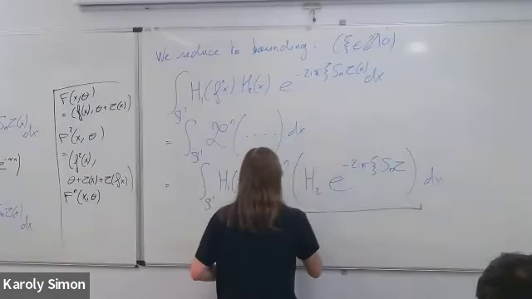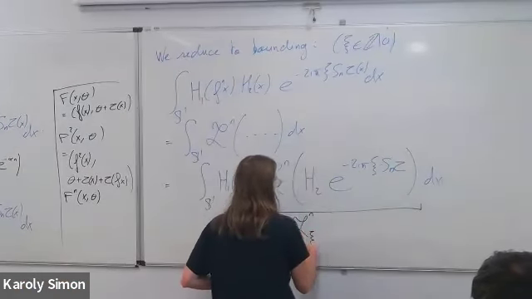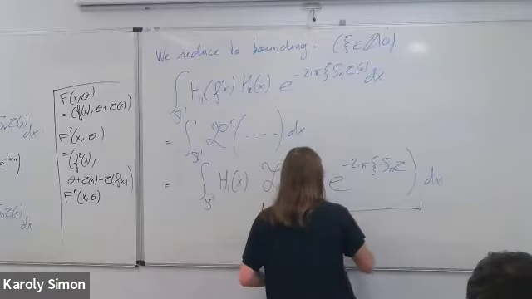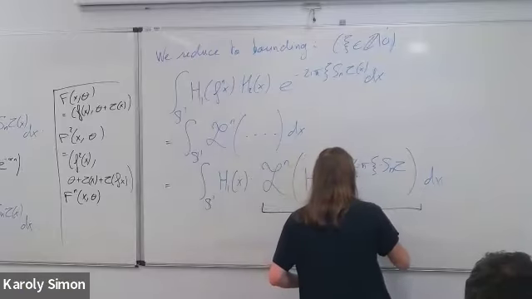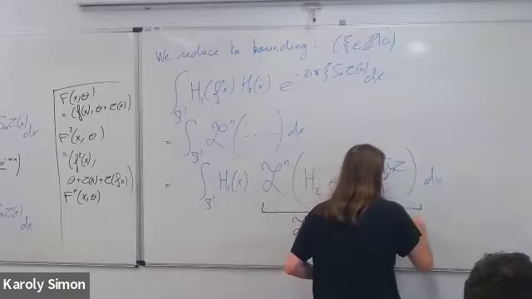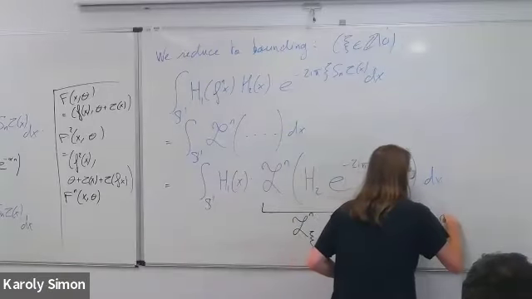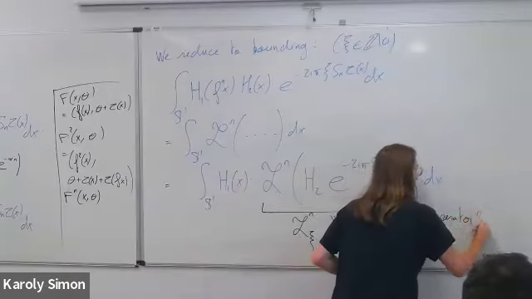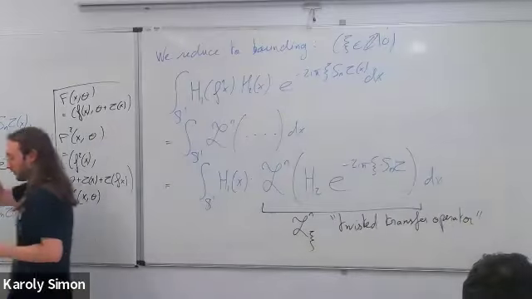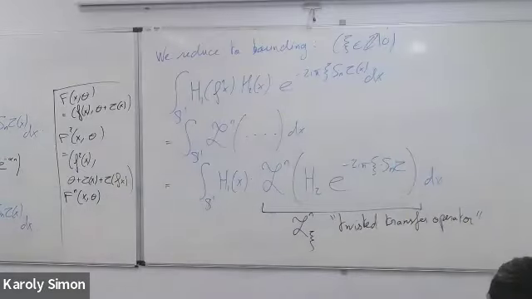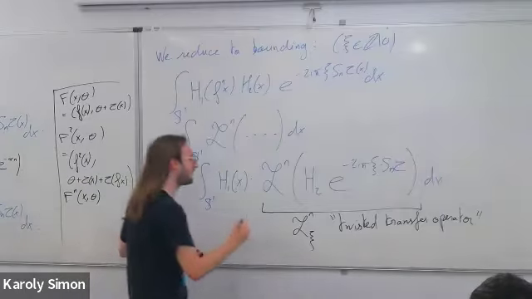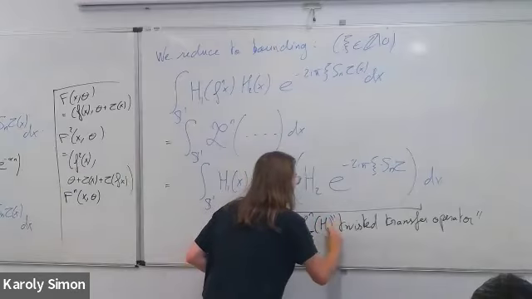So I'm going to call this quantity L_n index psi, and this is the twisted transfer operator. Now this is L_n psi of h.